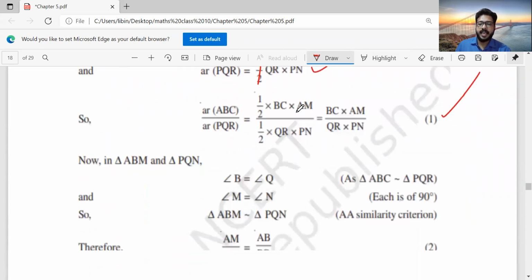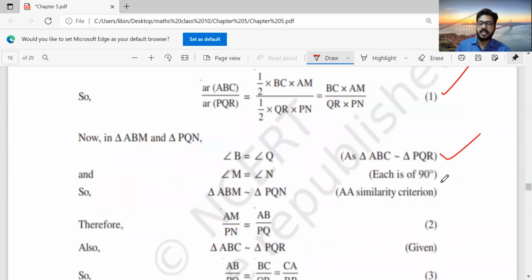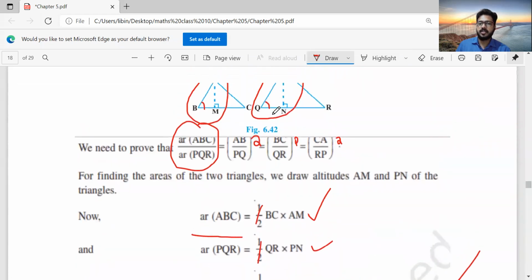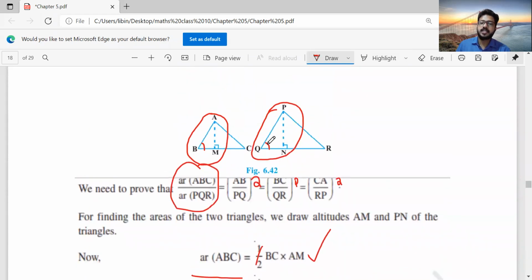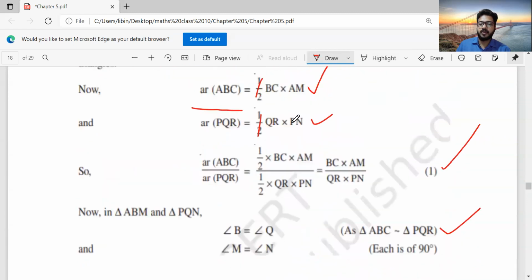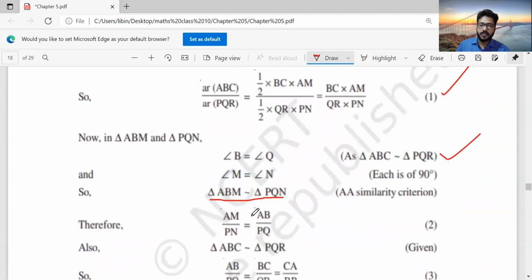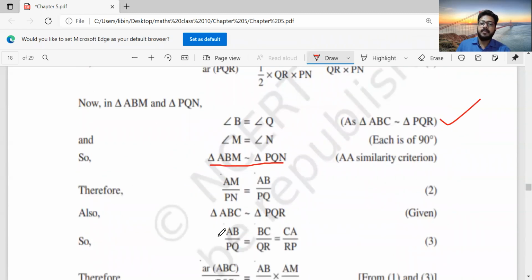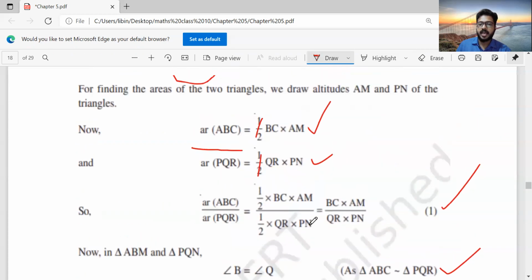So by using the AA criterion, we can say that triangle ABM is similar to triangle PQN. So these two triangles are similar, which means the corresponding sides are proportional. So we are writing AB by PQ is equal to BC by QR is equal to CA by RP.